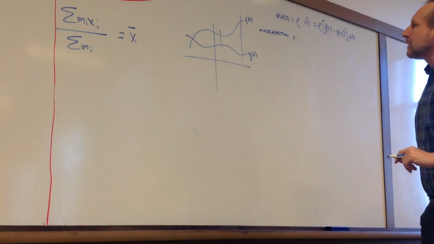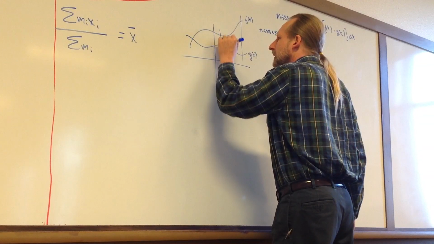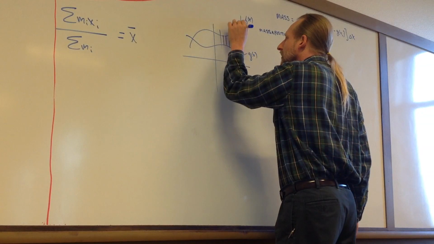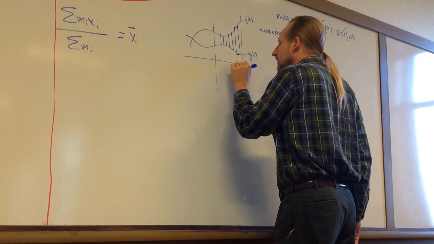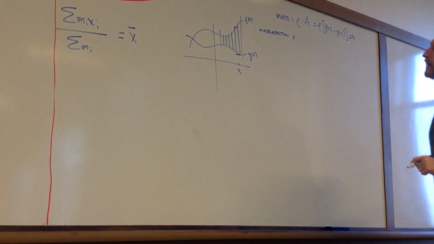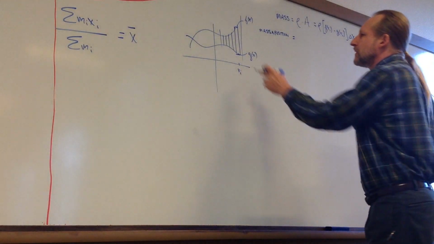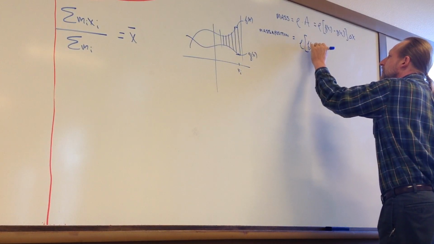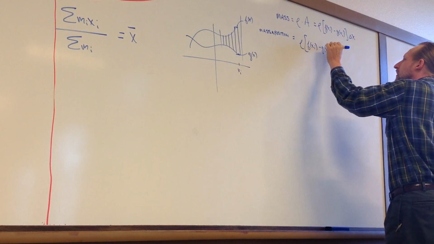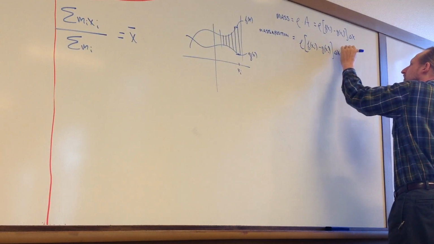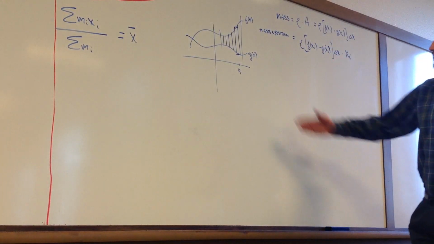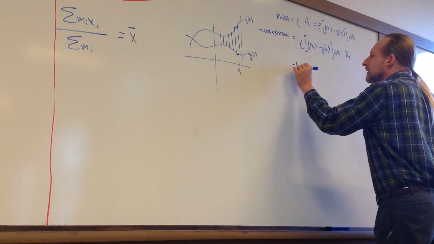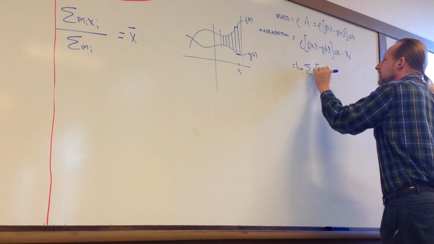Let's go ahead and put our rectangles in. There's our x sub i right there. The x position isn't really going to change much. So if we take our mass, f of x sub i minus g of x sub i, delta x, the x position is still just going to be x sub i. And so again, take the limit of the sum of this stuff.